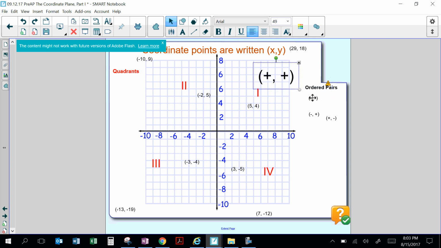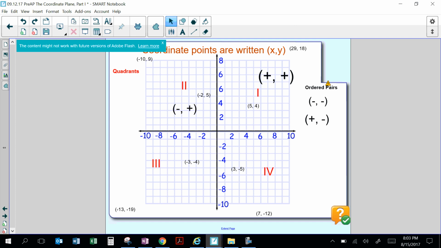Next one. What do you notice in quadrant 2? If you look at the x-axis, it's negative. Then the y-axis is positive. So quadrant 2, my generalization, is negative and positive. What do you notice about quadrant 3? -3, -4, -13, -19.